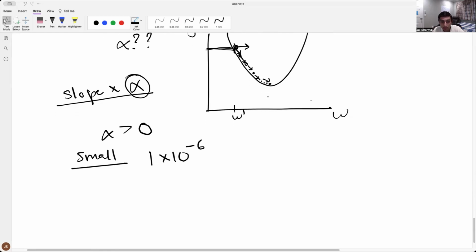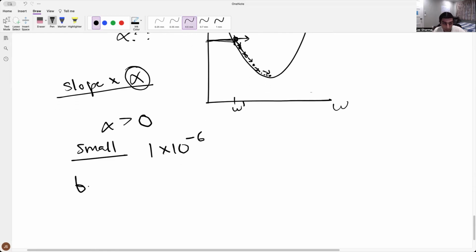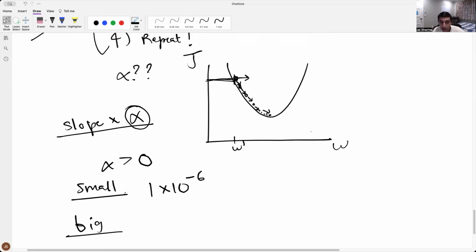Now, on the other hand, if it is big, right? Let's say it's too big. What would happen is that we might update it this much, right? And then the cost is, let's say, this, right? Which is still fine. The cost is still decreasing, but it's sort of overshooting your ideal value of W, right? Which is not a problem in this case, but it could be a problem if your alpha is just way too big.